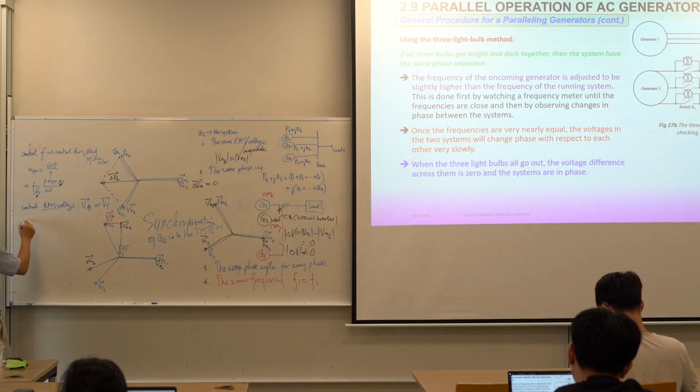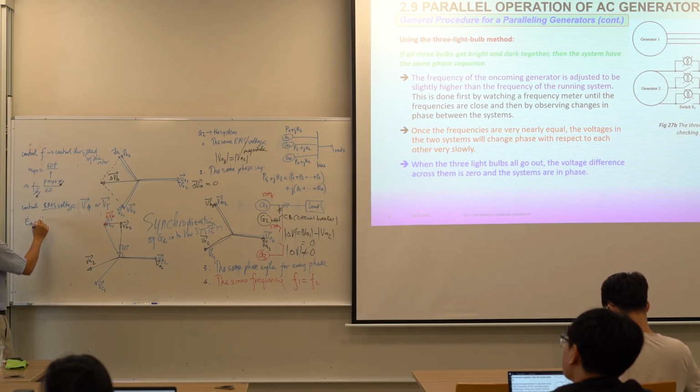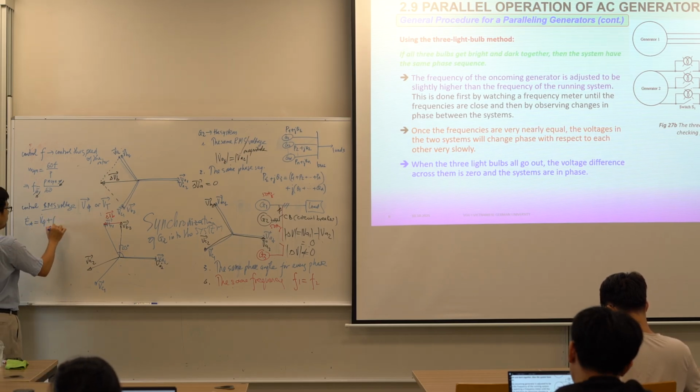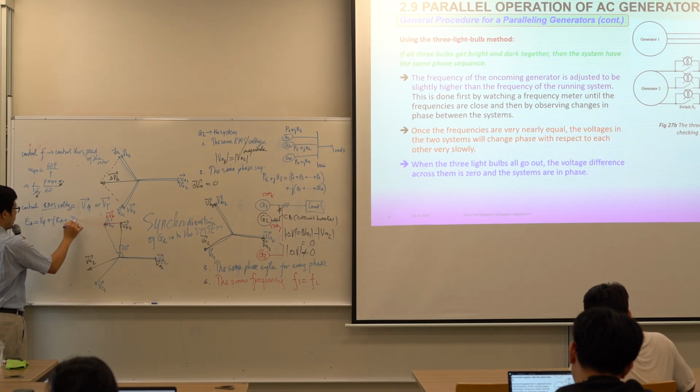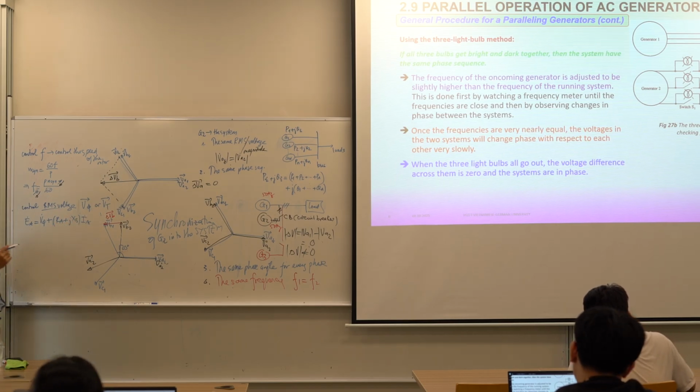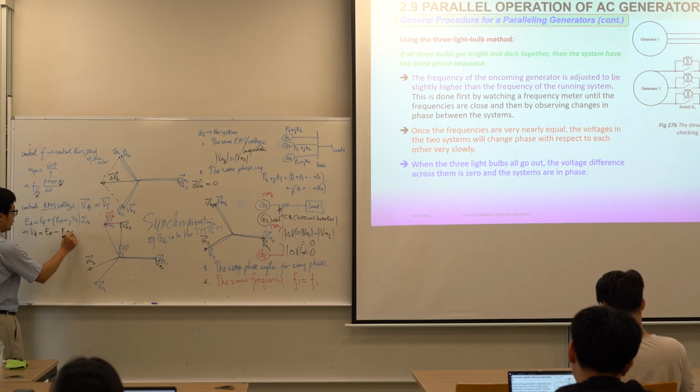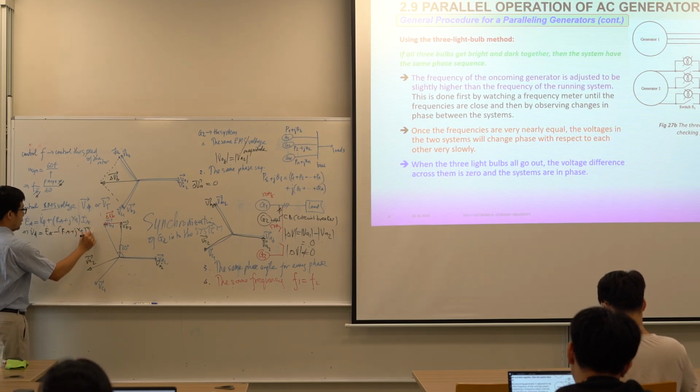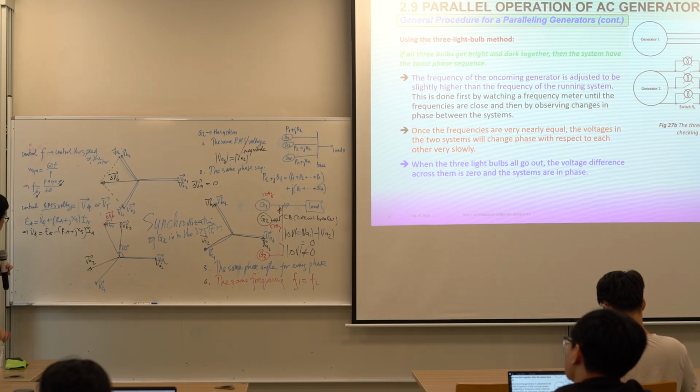We have the formula: E_A = V_phase + (R_A + jX_S) I_A. So V_phase = E_A − (R_A + jX_S) I_A. If we would like to increase V phase, we need to increase E_A.